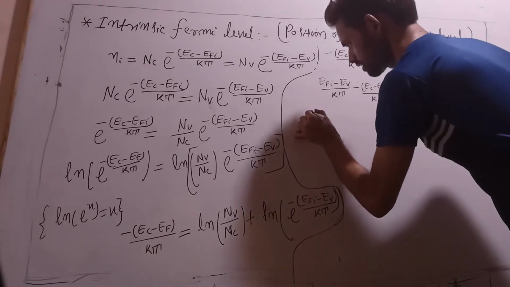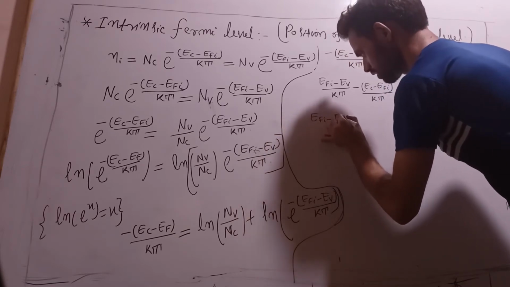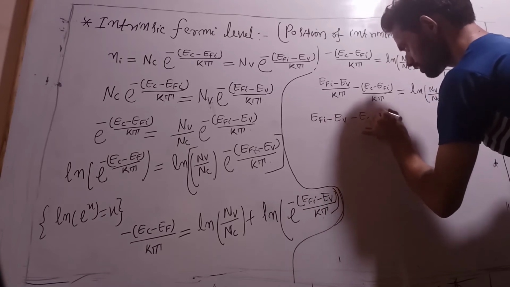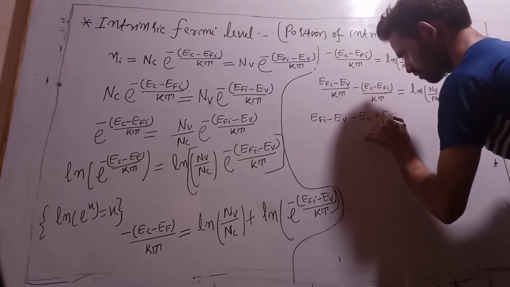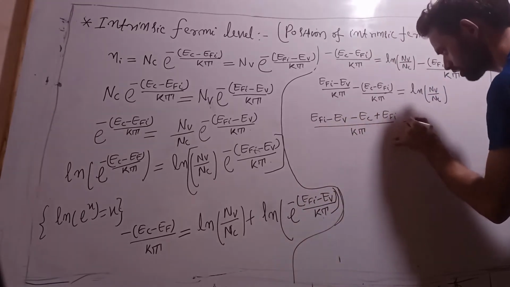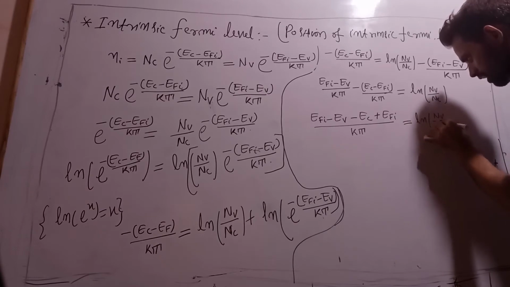So let us see here, (Efi minus Ev minus Ec plus Efi) by kT is equal to ln Nv by Nc.